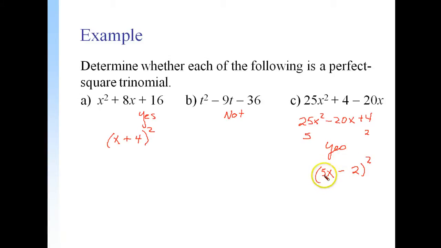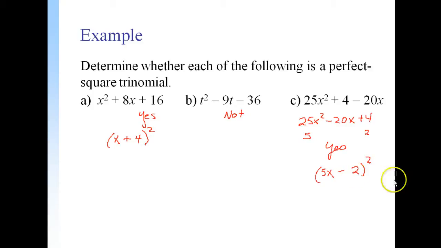So square this, you get the 25. Multiply these two together, you get a negative 10x. Double it, you get a negative 20x. Now, for those folks in Math 105, we're going to use this technique in the future, so it is a technique you should try to master.